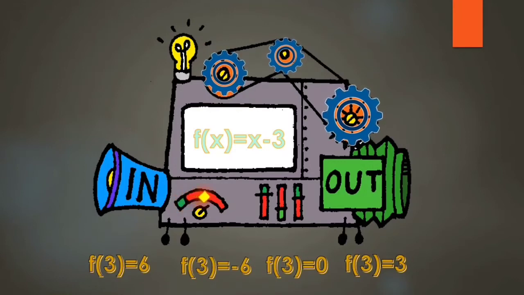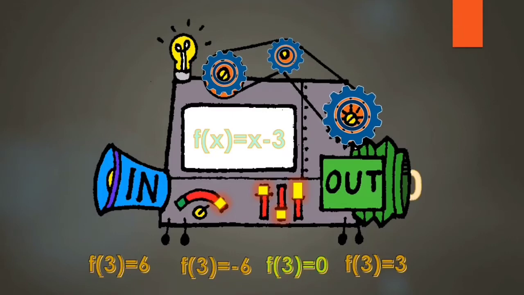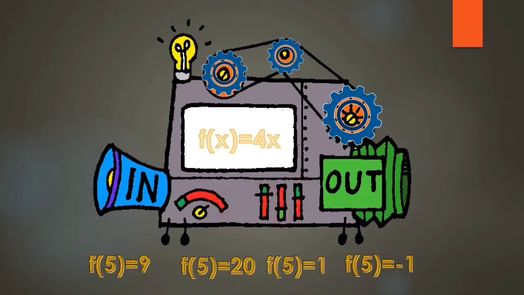6, negative 6, 0, or 3? Very good, it's 0. How about 5? 9, 20, 1, or negative 1? Correct, it's 20.